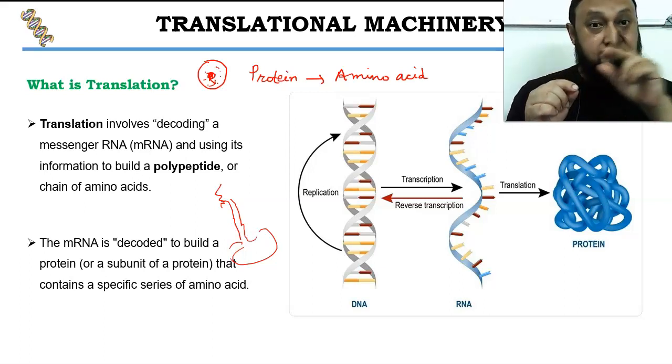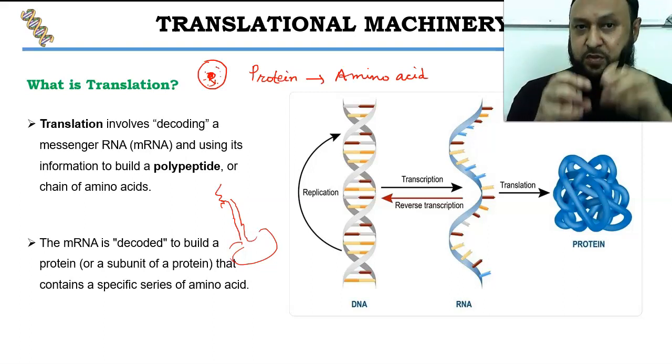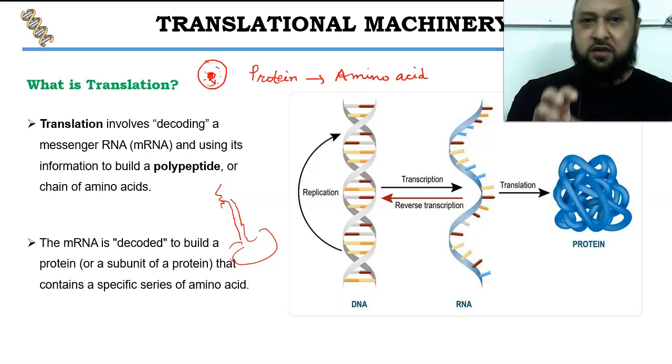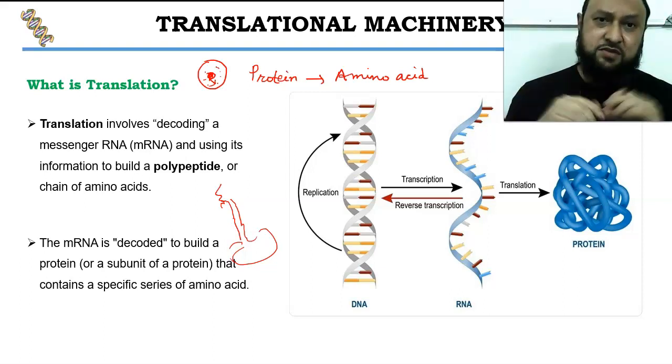It has an anticodon, and it identifies which amino acid needs to be joined to another amino acid. Okay. So, this way a chain is formed.